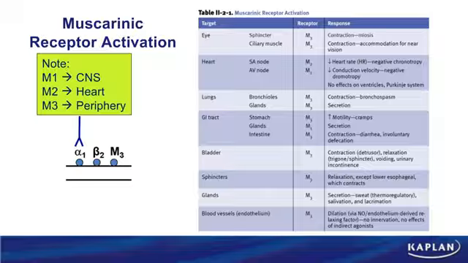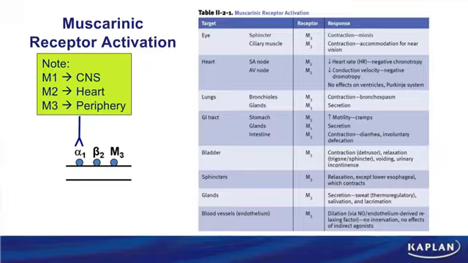That's where it's relevant. If I give a drug that's a muscarinic agonist, and I take that drug systemically, a muscarinic agonist in the circulation is going to activate all muscarinic receptors, all of the ones listed in this table, and it will also activate M3s on blood vessels. That will cause vasodilation and a drop in blood pressure.